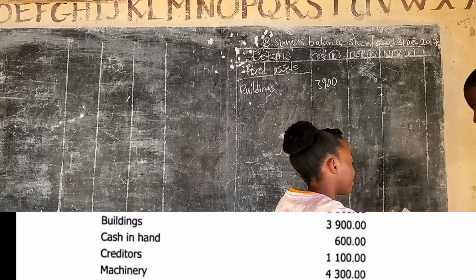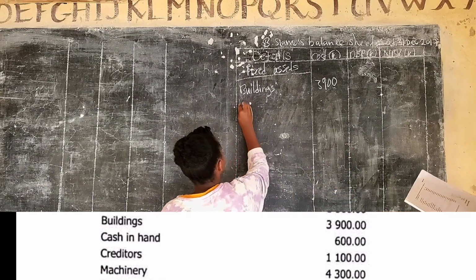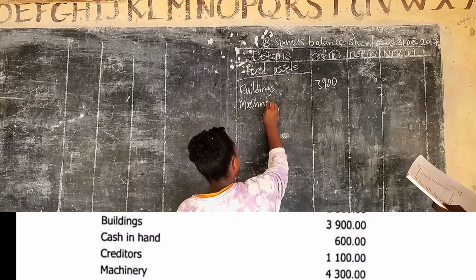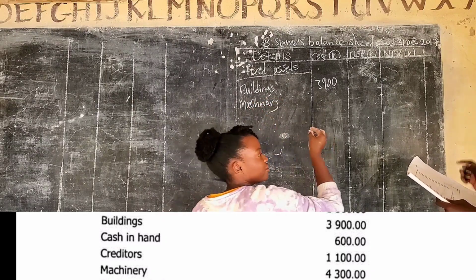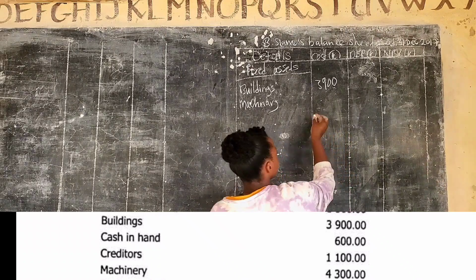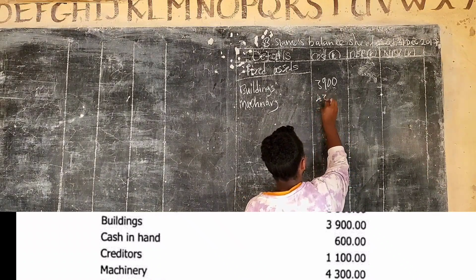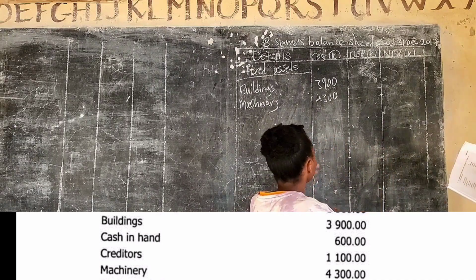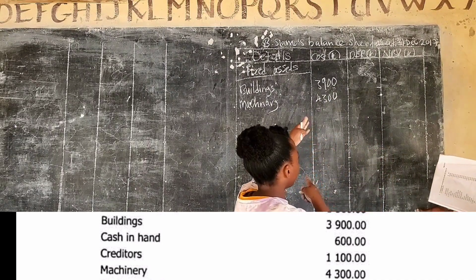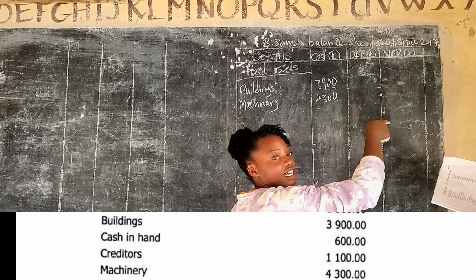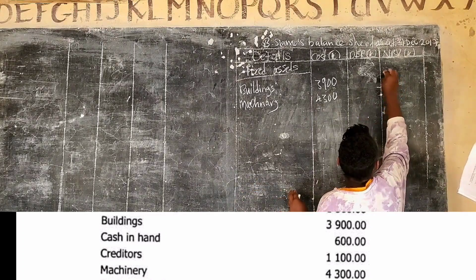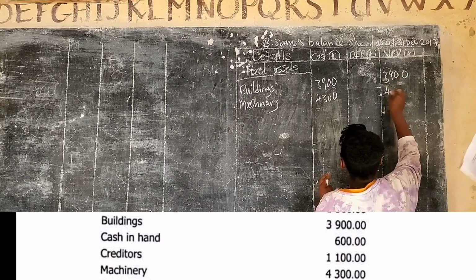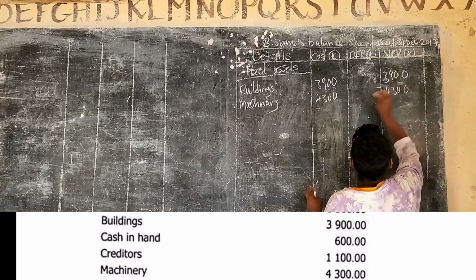We only have two, which is machinery. How much is machinery? 4,300. So, guys, the first column, you write it like that, then even the last one. The last one is just the same as the first column, just write the same things.